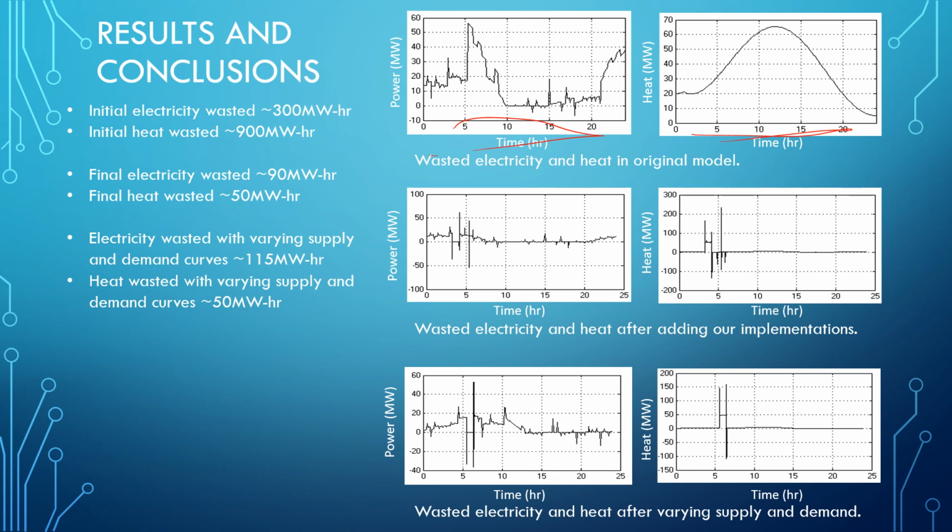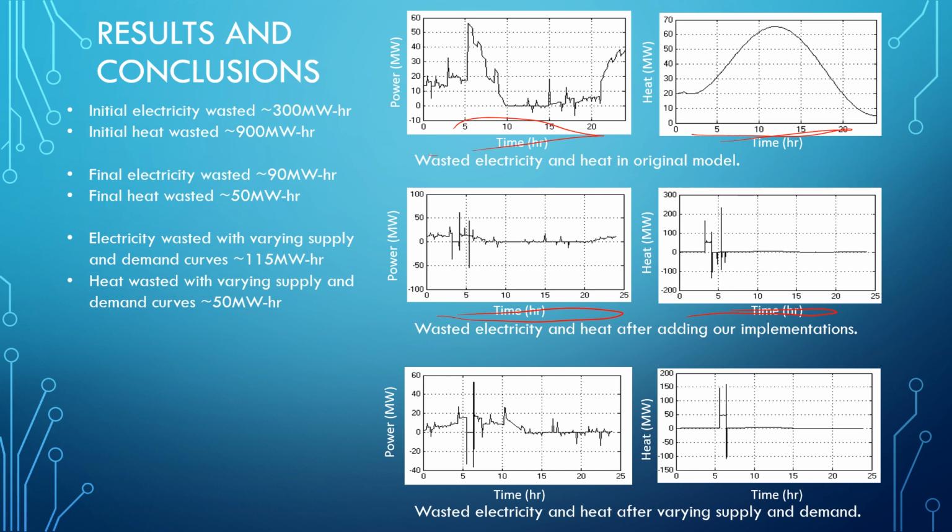After we implemented our changes, we were able to reduce those amounts significantly. We ended up having around 90 megawatt hours of electricity wasted in our controlled model, and around 50 megawatt hours of heat wasted. Those values are primarily due to losses in our efficiency of charging the battery and heat storage.